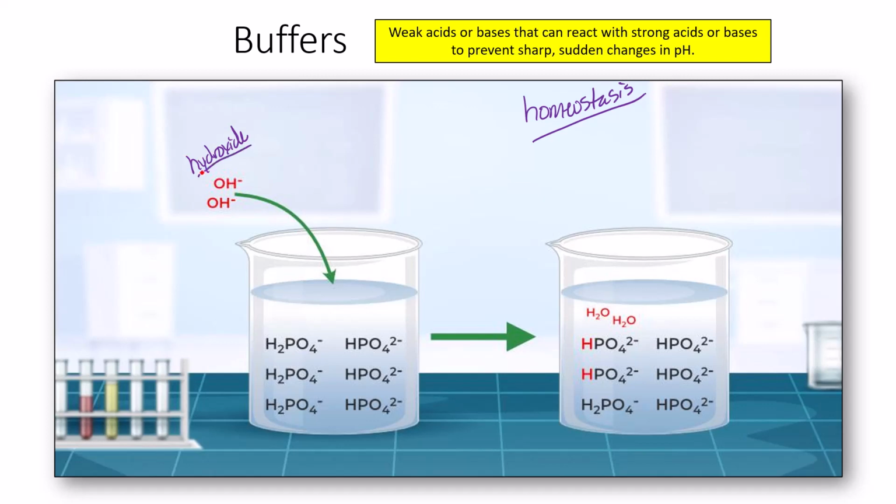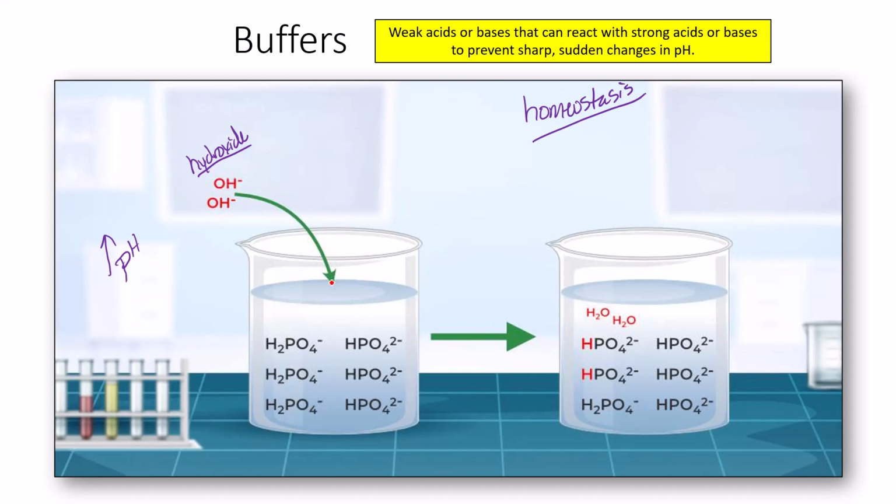You remember the hydroxide ions, when added to a solution, are going to cause a pH to rise. However, because solutions can have these buffer solutions in them, they can withstand the changes or the effects of these hydroxide ions being added.